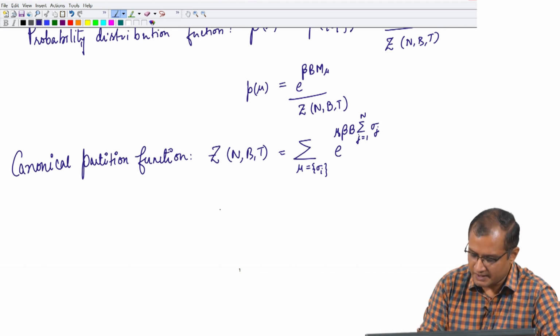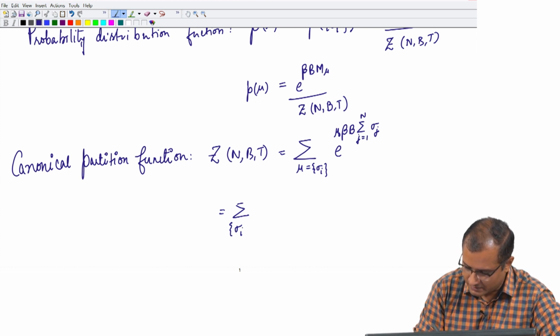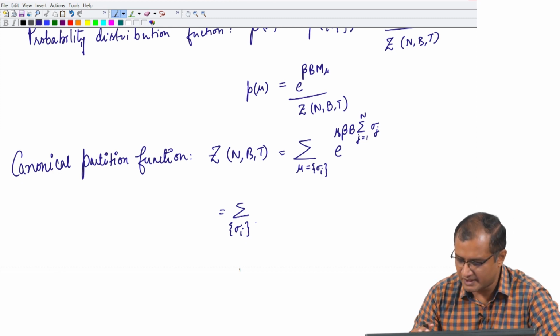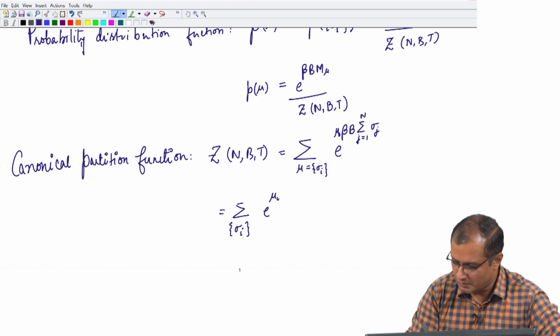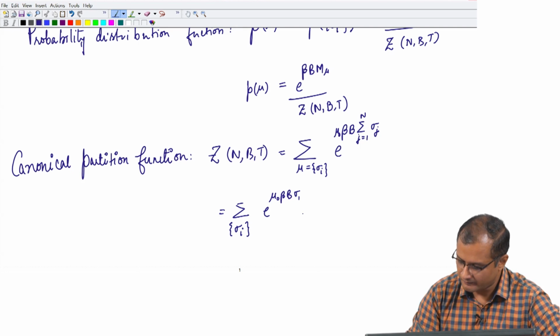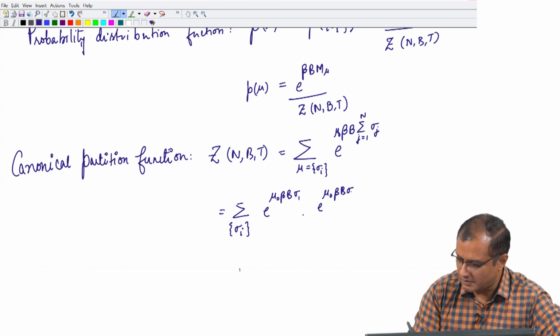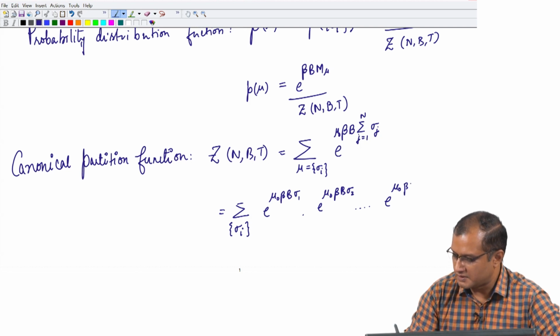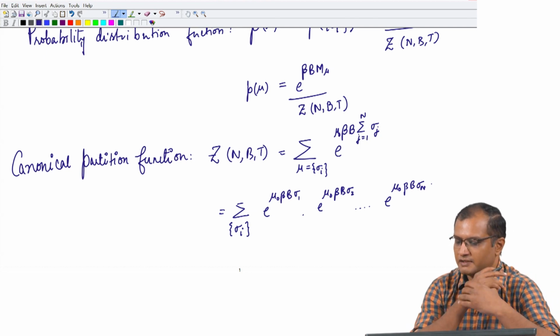So, I can write this as a summation over all the microstates, which are basically combinations of the sigma i's, e raised to mu 0 beta B sigma 1, into e raised to mu 0 beta B sigma 2, all the way to e raised to mu 0 beta B sigma n, because the exponent has a sum of terms.